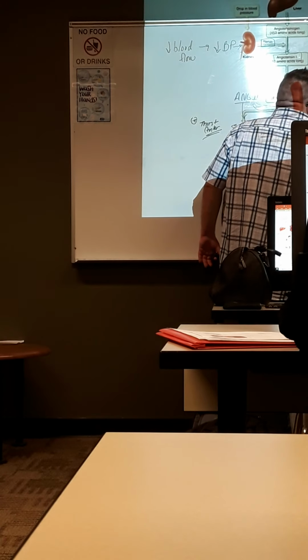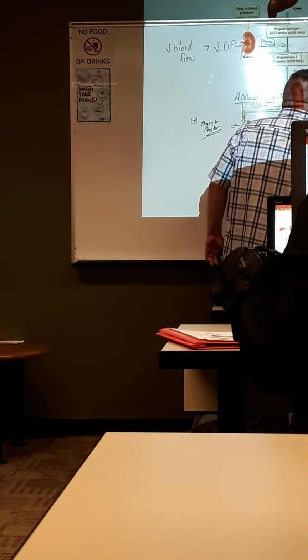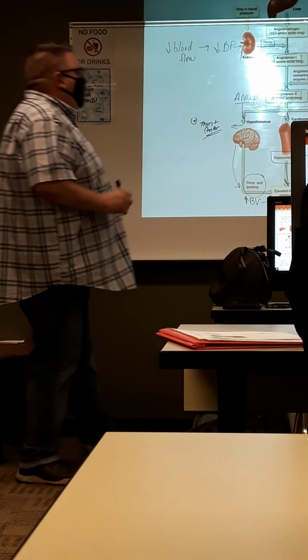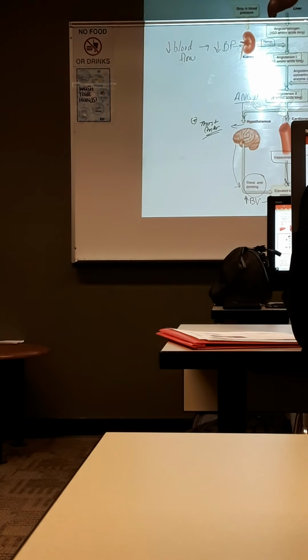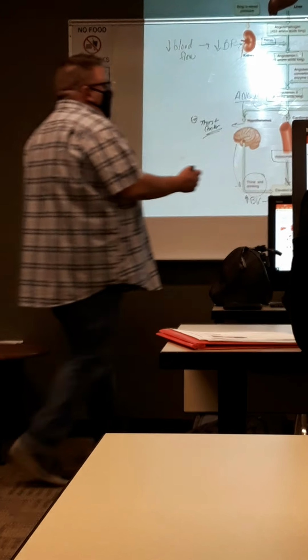I'll write it out here. So aldosterone. Okay. Now aldosterone is a hormone that causes the kidney to reabsorb water and salt back into the bloodstream. Okay.